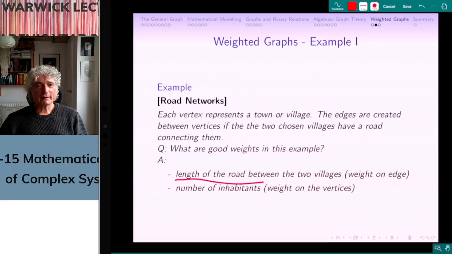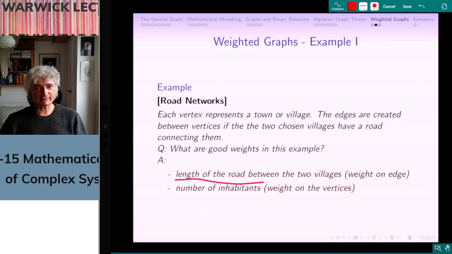But there might also be more information you want to weight the roads with. Just think of it a little bit. For example, you would like to know if this is a big road or a small road. Does it have only one lane, or is it a motorway having 2 or 3 lanes? This information could also be put into the record set.